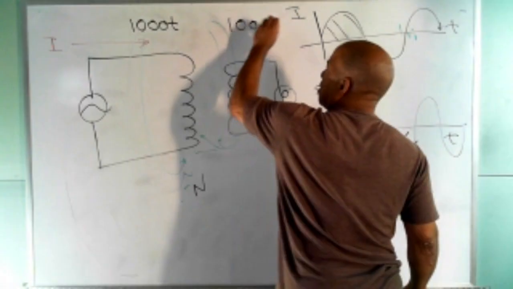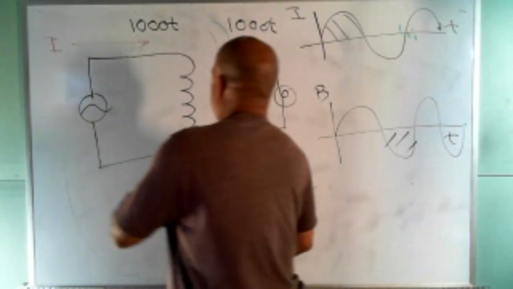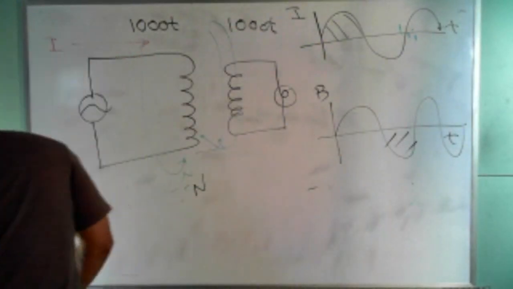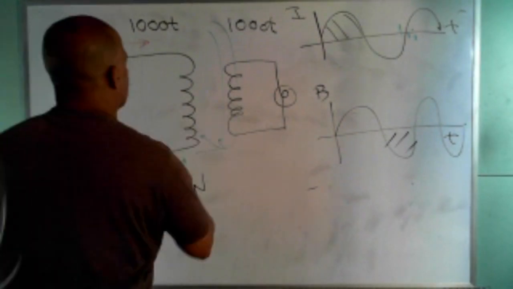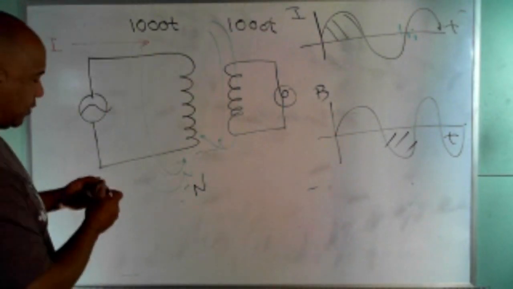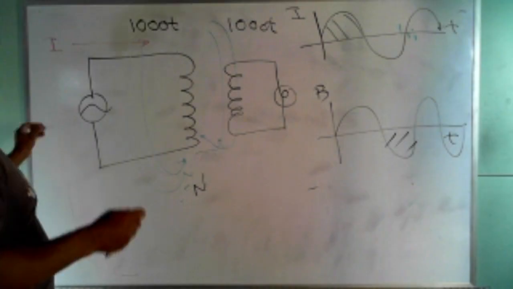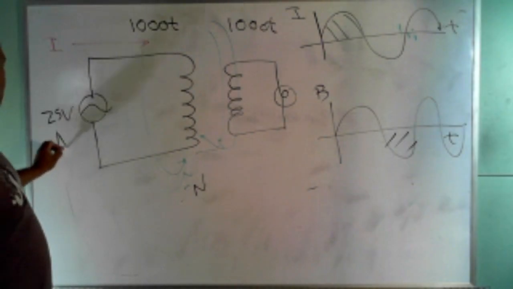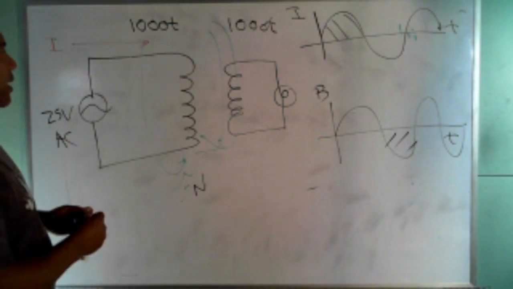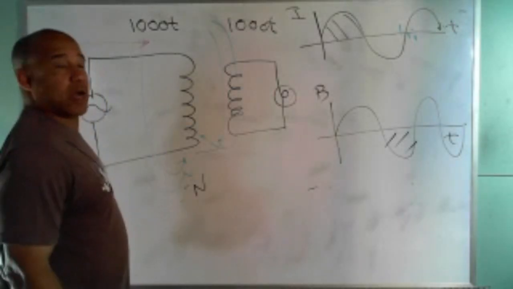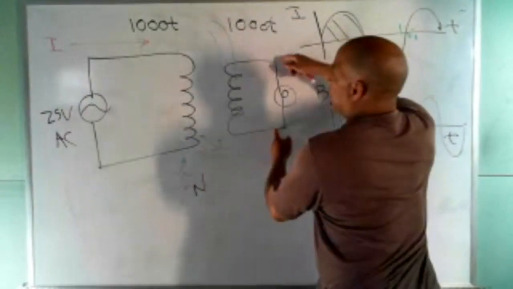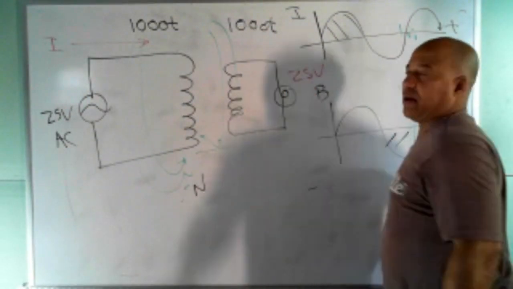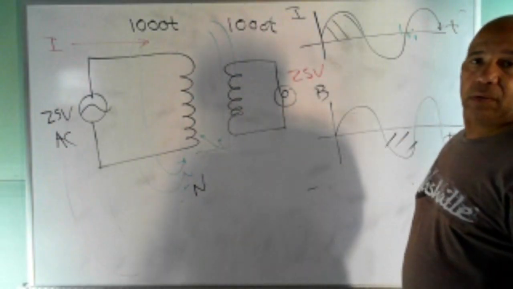Well, as that flux line radiates out across that second coil, it cuts across the 1,000 turns. Let's make this voltage source 100 volts. No, let's make it 25 volts. So I got 25 volts AC. If I have 1,000 turns over here and 1,000 turns over there, guess what? If I measure my voltage over here, I get exactly 25 volts in that other coil.